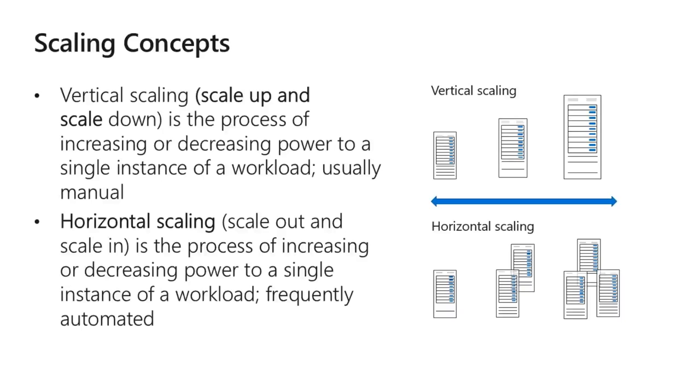Microsoft also supports horizontal scaling. We have a scaling option, scale out and scale in, threshold values and all that we can configure, and based on that, the scaling will happen.